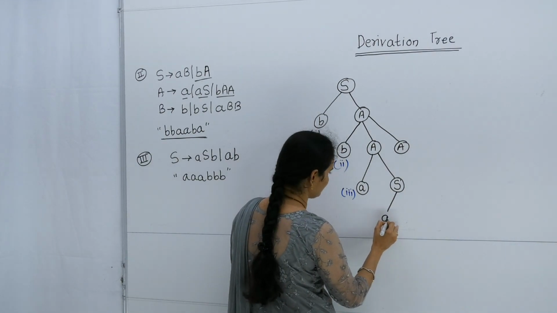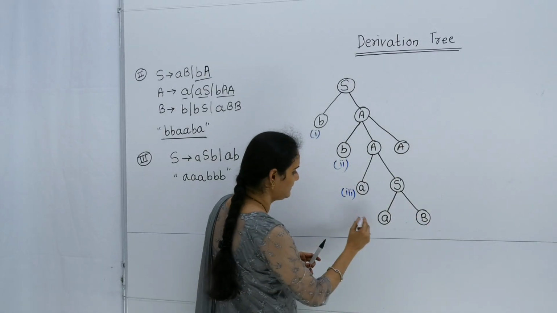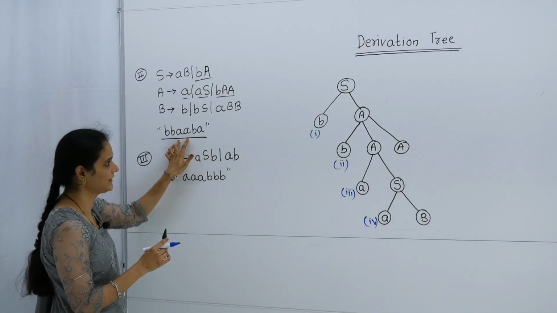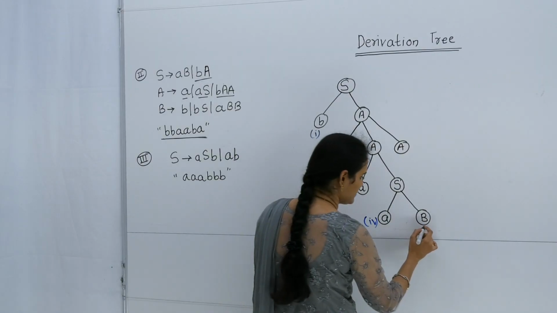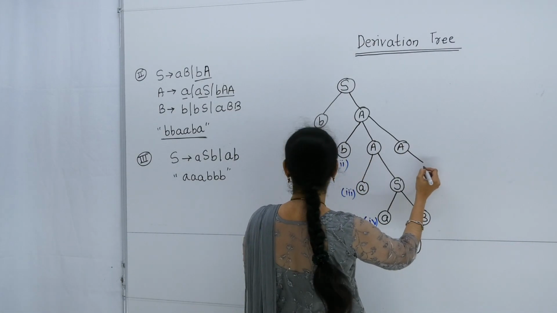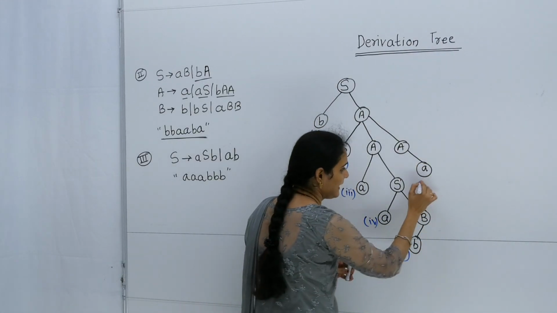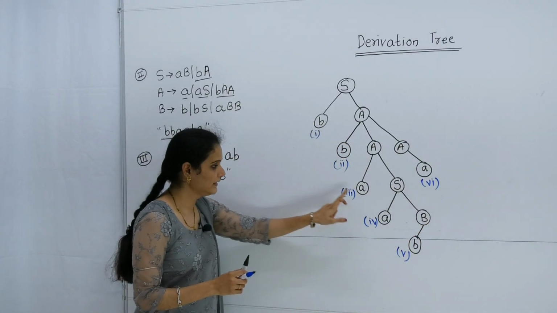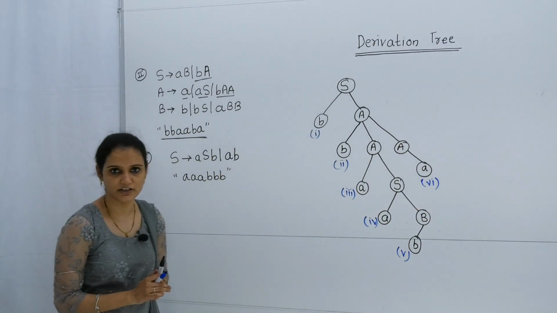So A and capital B. So BBAA, that particular part is completed, and then capital B derives b. So here I can use that particular rule, and A produces small a. So if you can see here, we have completed our string BBAABA by using the derivation tree.